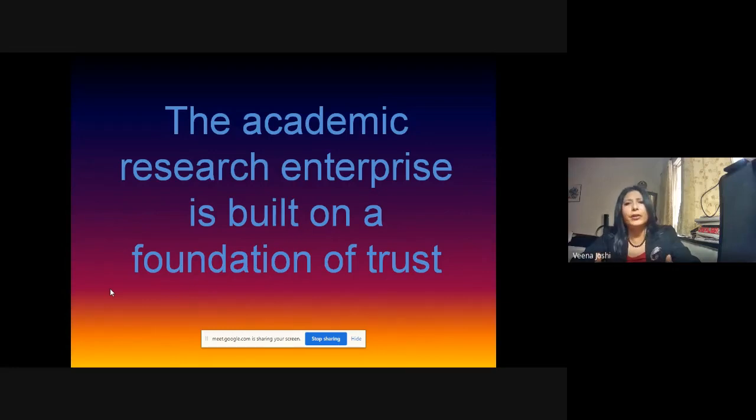How you have understood it is your intelligence. Okay. So now let us see the second point. The academic research enterprise is built on a foundation of trust. Do you know what does it mean? A foundation of trust.